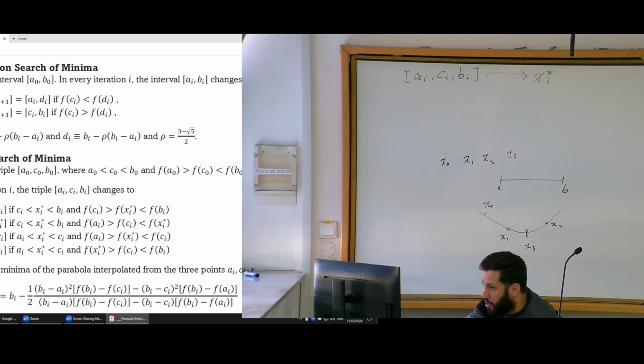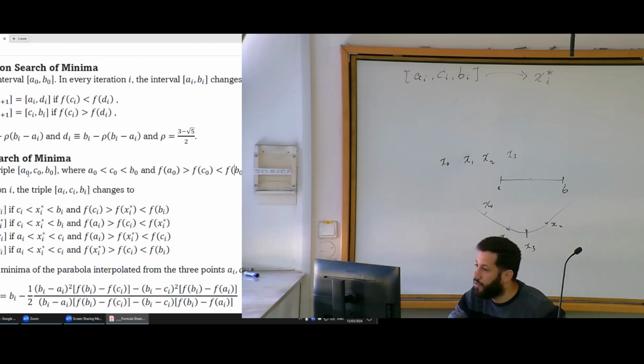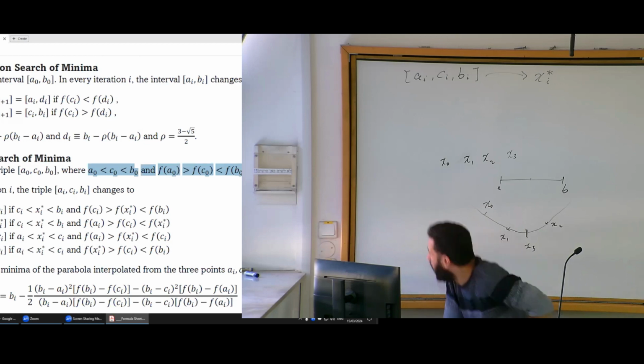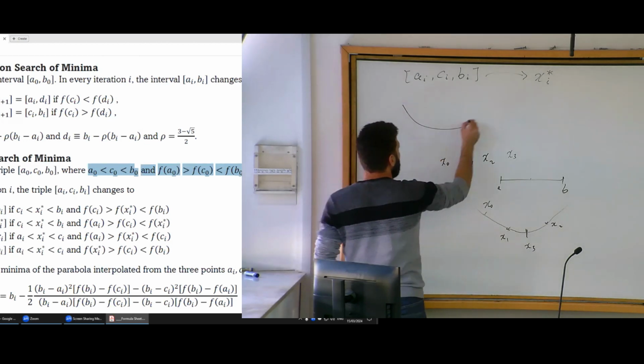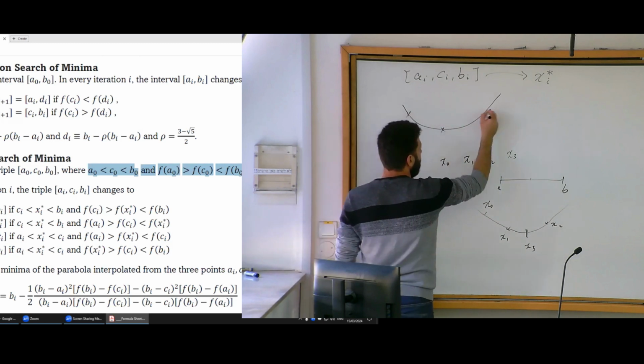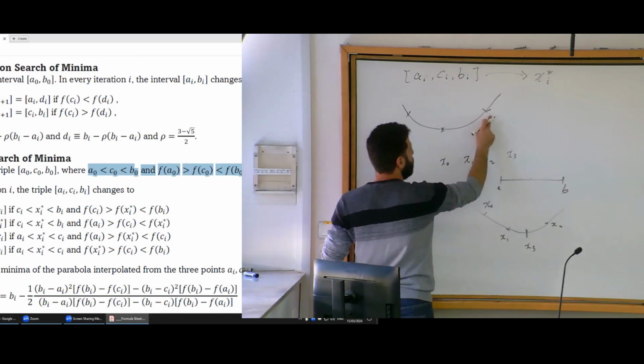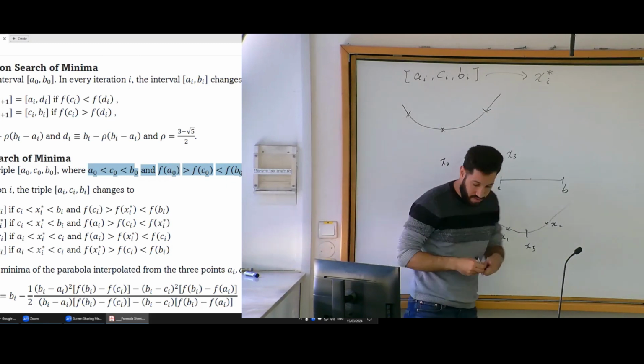So these are the demands of my algorithm, to guarantee that the next section AI, BI, and CI behave like this, because I always want 3 points where this point is between them and lower than both of them.